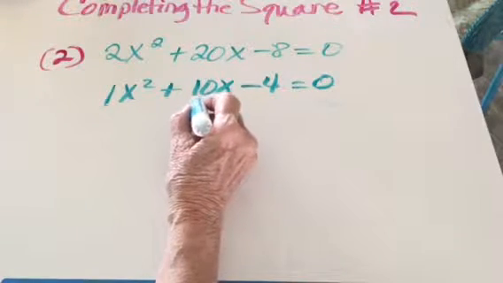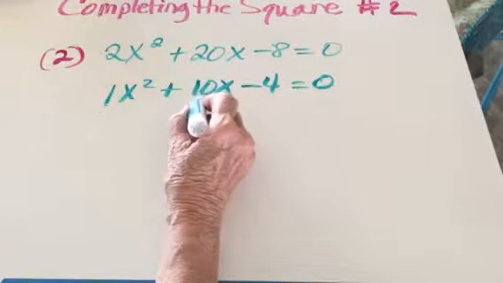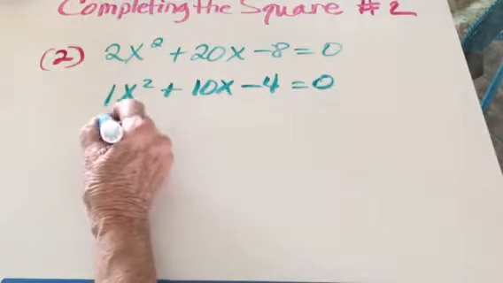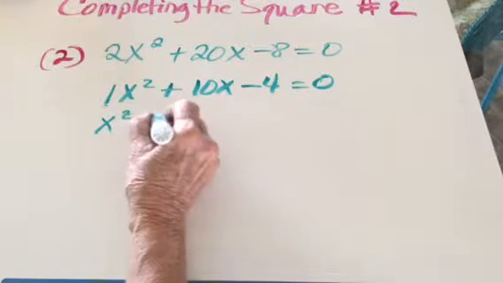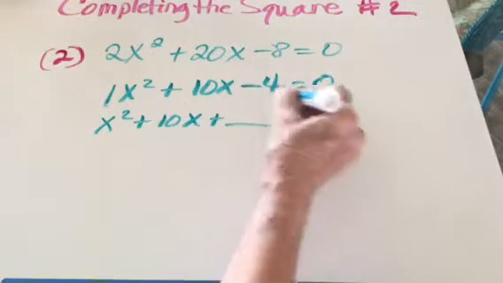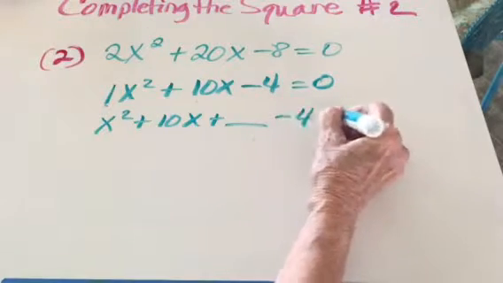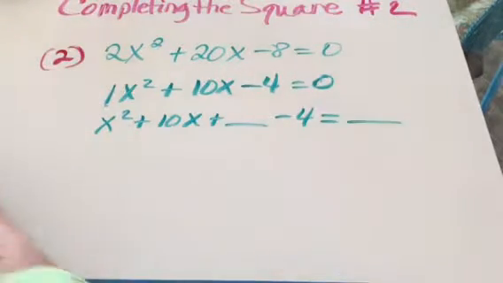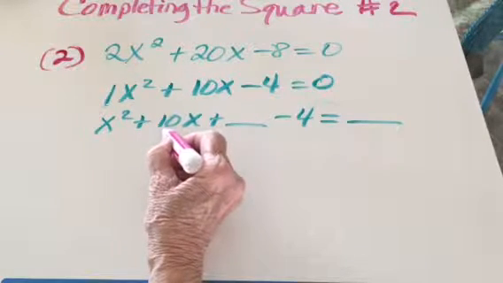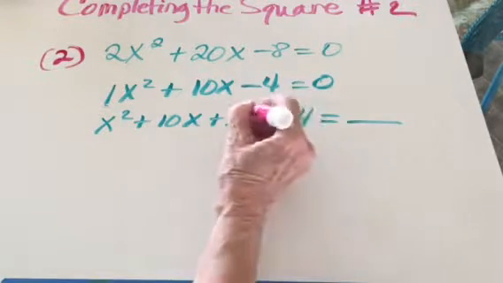All right, so here we go. We're going to take half of this and we're going to add it to both sides. So I'm going to have x squared plus 10x plus something, and I already have the -4, equals the something. All right, what is half of 10? 5. What is 5 squared? 25.